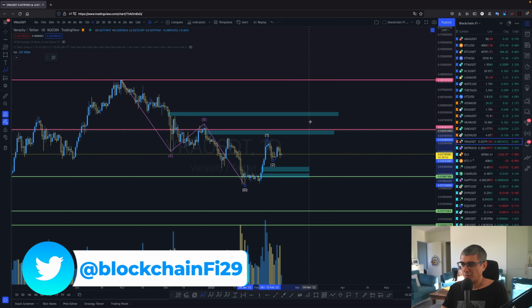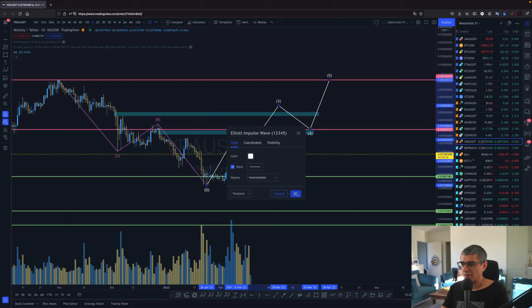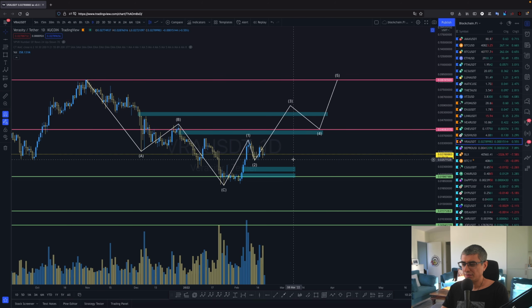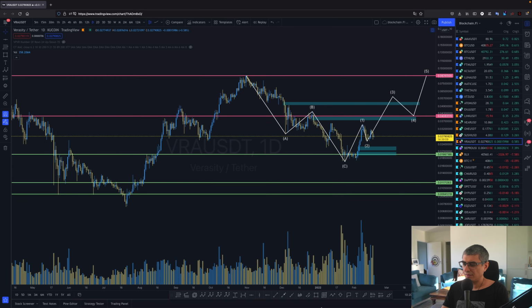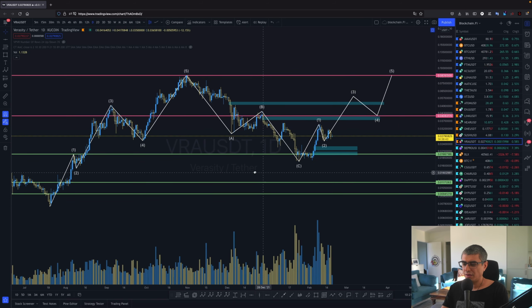If here is the bottom, then we should get our 3 somewhere like here, 4, and the 5th maybe here or above, right? Let me leave the wave on. Let me make this white as well. It could be something like this. If this is the case, we can see back more. This is another 1, 2, 3, 4, 5 wave. And after that, we got this corrective wave like here.